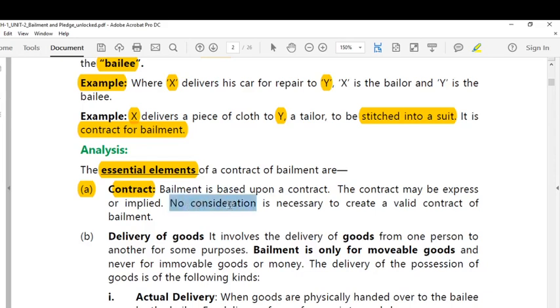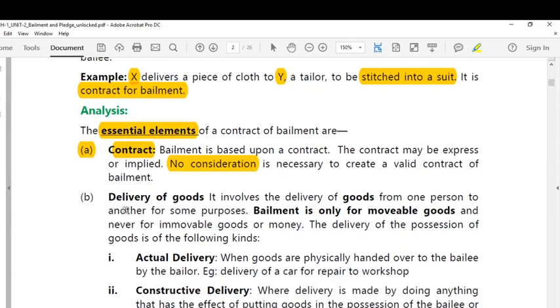So this is the point the student has to remember. As per the essentials of a valid contract under the general contracts, the consideration is very much essential. But when it comes to the special contracts, the contract of bailment, no consideration is necessary to create a valid contract of bailment. So this is the first essential one.